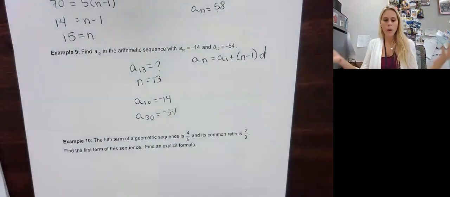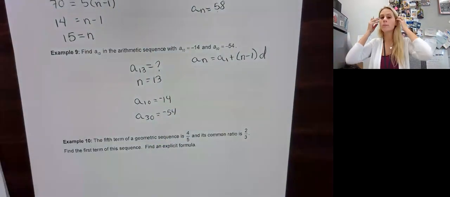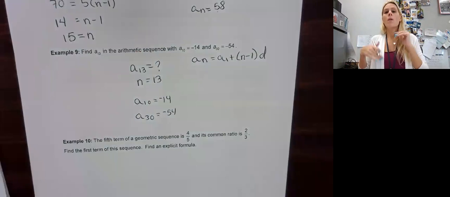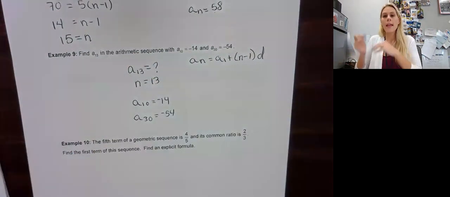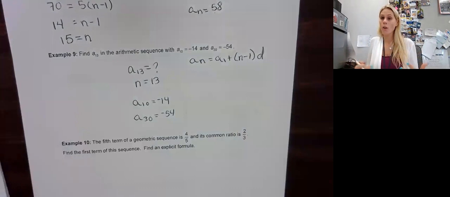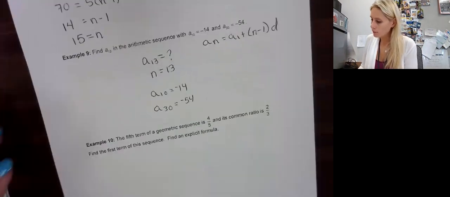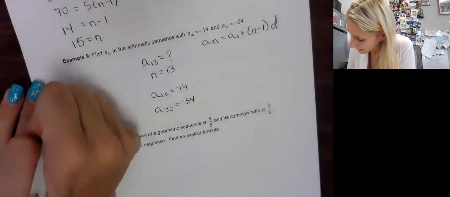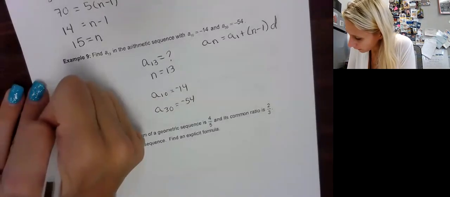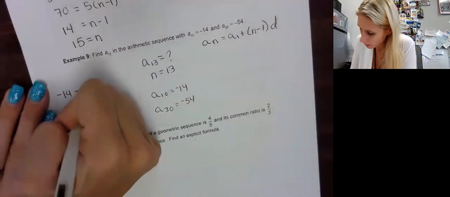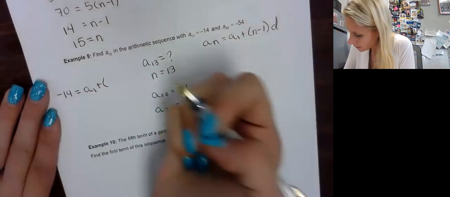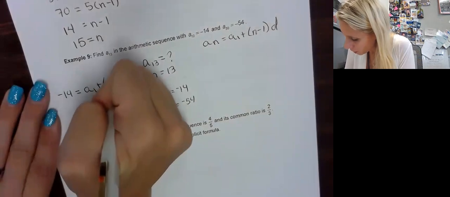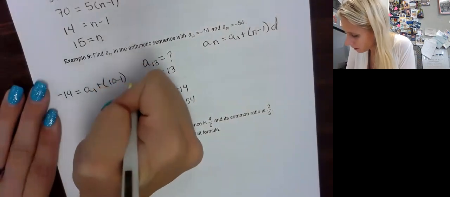All right, what can we do with this? Well, what we're going to do is actually plug both of these in, and then we have a system that we can solve for, okay? So, a subset 10, which is negative 14, equals a subset 1 plus, that's the 10th term, minus 1 times d.